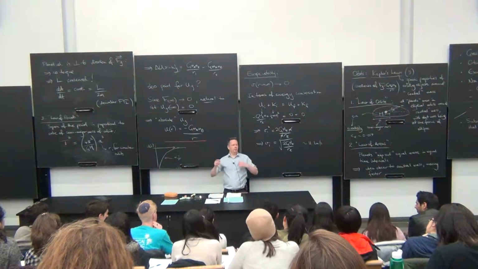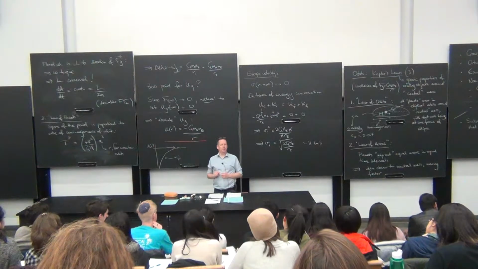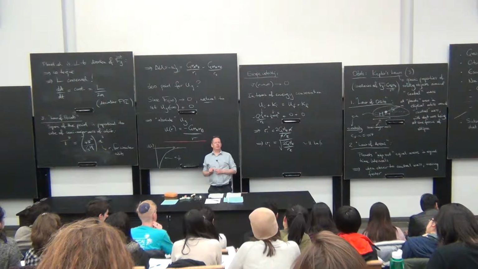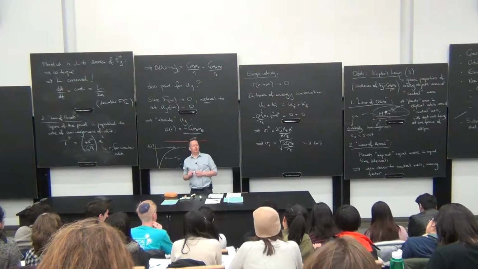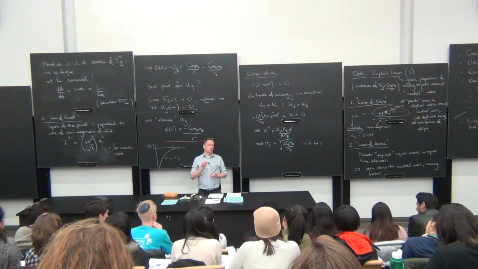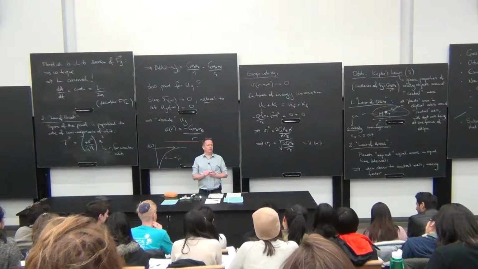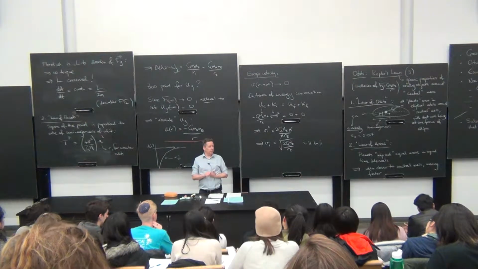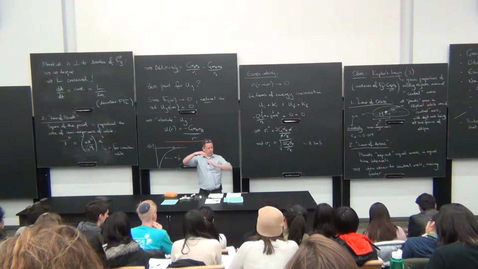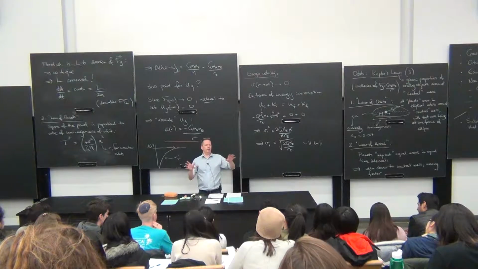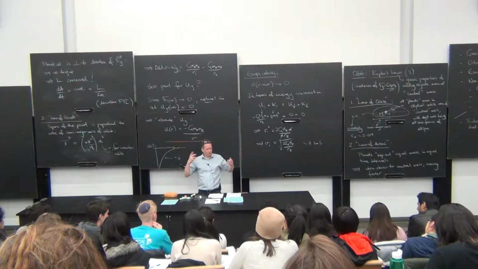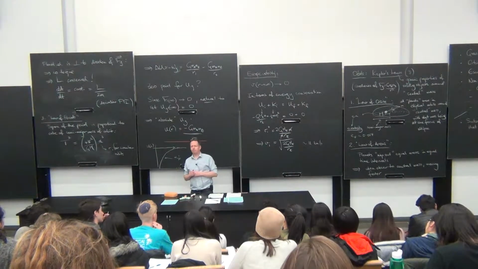In general you get a rather complicated set of dynamics. In fact, in our own solar system, none of the planets have perfectly circular orbits, and they're also not on the same plane. So it's a complicated dynamical system based on initial conditions.